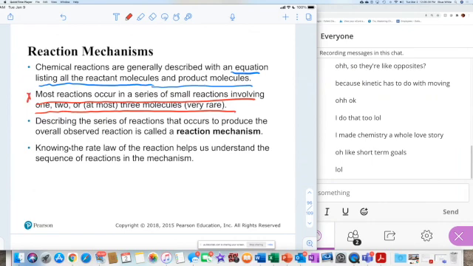So they're not saying that here, but it's implied that when we're talking about reaction mechanism, since we're looking at the play by play, we're trying to see what molecules are bumping into each other in the scene that we are examining. Describing the series of reactions that occurs to produce the overall observed reaction is called reaction mechanism.